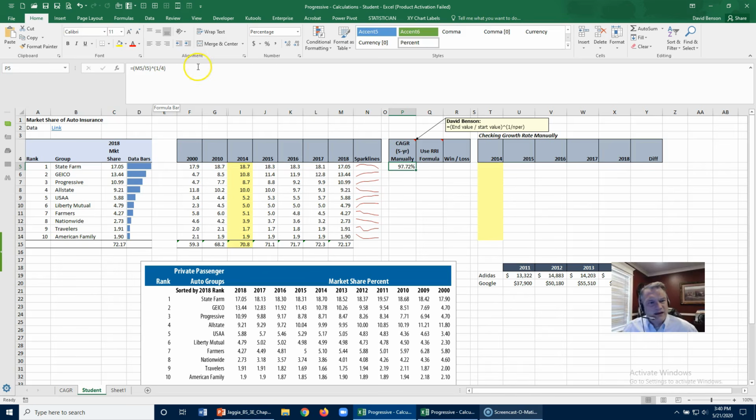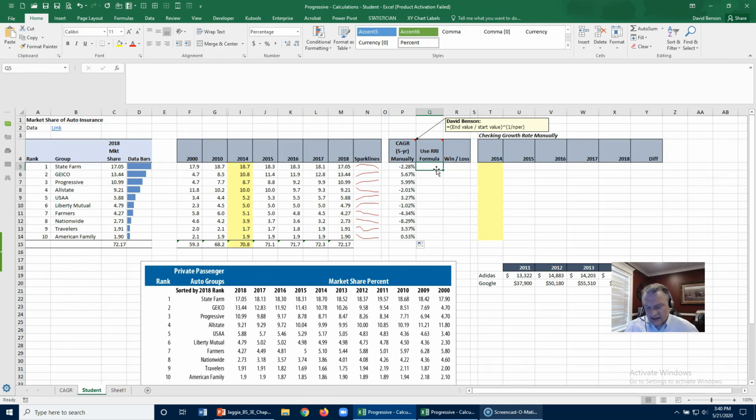Okay. And then I subtract 1. So this is the formula. End value, beginning value, raised to the 1/4, and then I subtract 1. Okay, and this is my compound annual growth rate from 2014 to 2018.